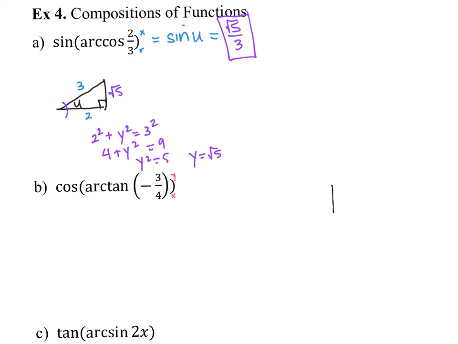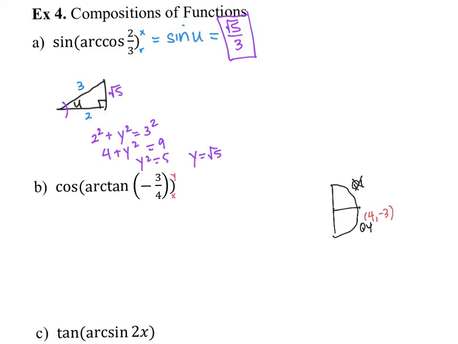Because this is arctangent, I have to either be in quadrant 1 or quadrant 4. Those are my only two options. Now if one of them is negative, I must be in quadrant 4. So if I'm in quadrant 4, the x is positive and the y is negative.